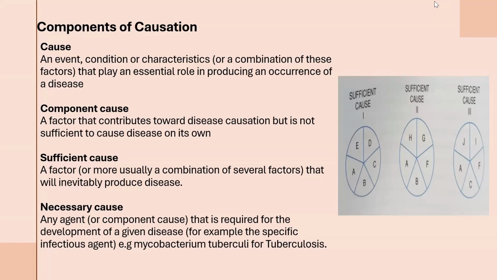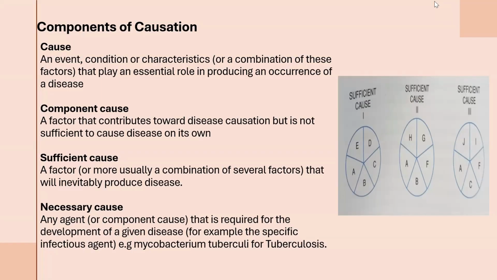It can be an event, maybe for example, if you have an accident and an accident leads to you having an injury. So it can be an event, it can be a condition, it can be a genetic condition that has predisposed one to developing a certain disease, or can be characteristics which play an essential role in producing an occurrence of disease.